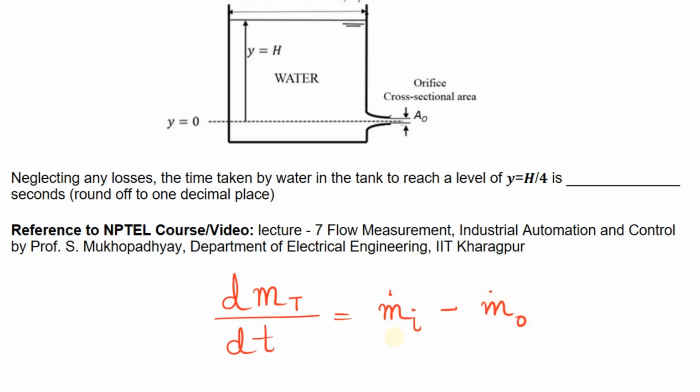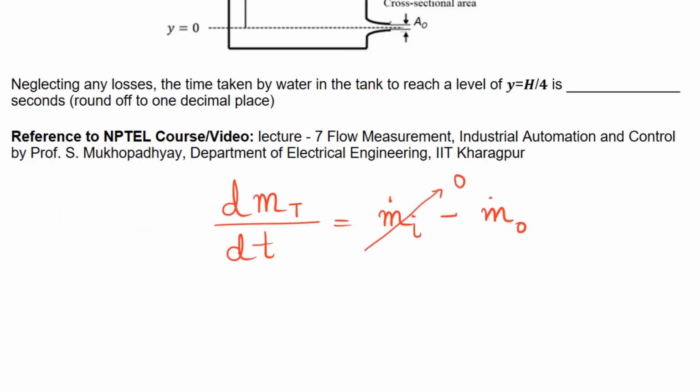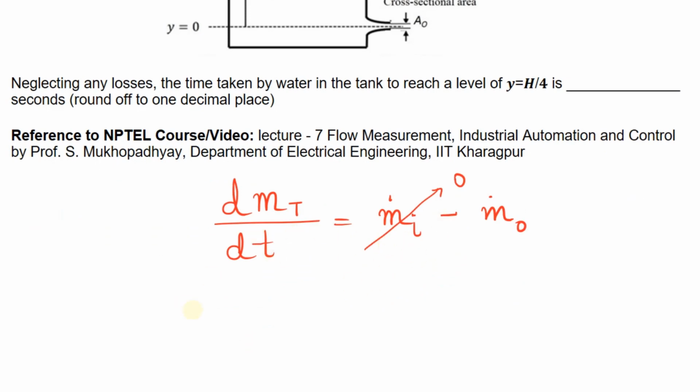Now here in the problem, initially there wasn't any mass flowing out of this tank, so this quantity will be equal to 0. And we have to calculate, for the mass going out of this tank until the height reaches h by 4, how much time it will take. So from this equation we get a differential equation: minus m naught dot should be equal to the change of mass inside the tank with respect to time.